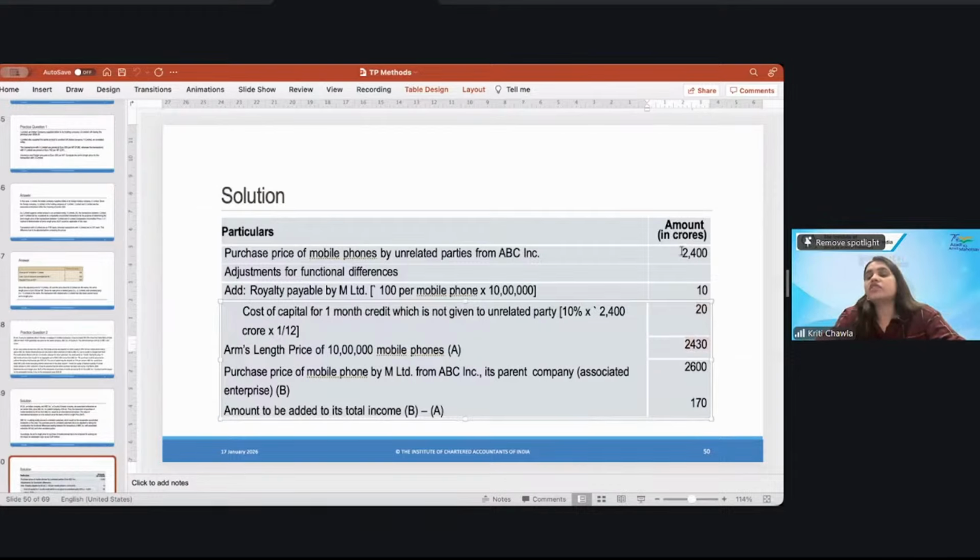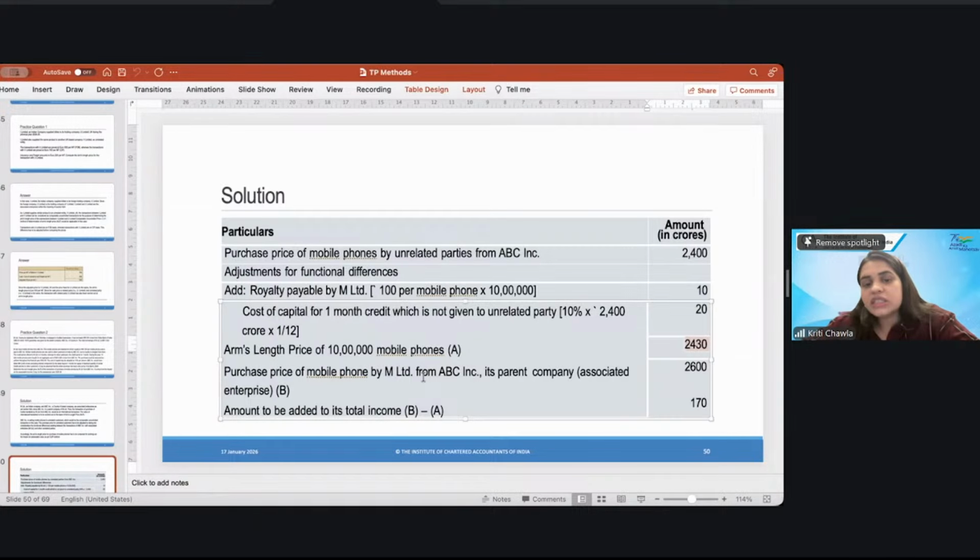When this kind of transaction was happening between unrelated parties, it would have happened at 2430 crores. 2400 is the price, and with the functional adjustments we bring it closer to the related party situation. So this is going to be 2430 in an uncontrolled situation.